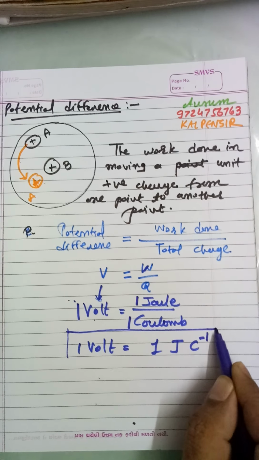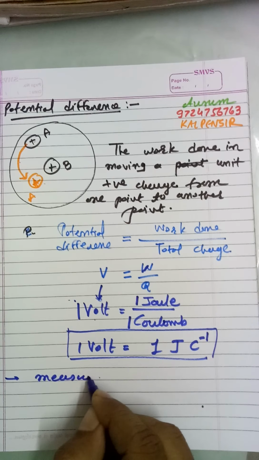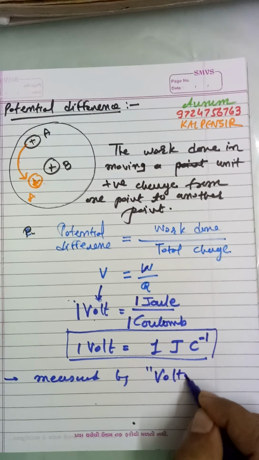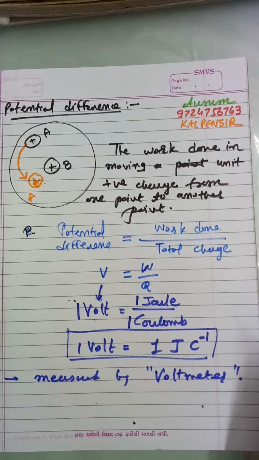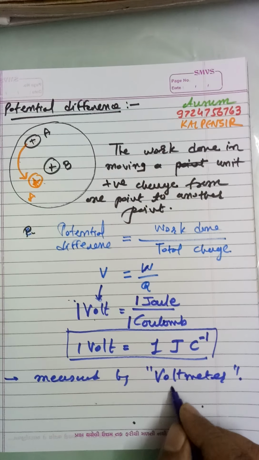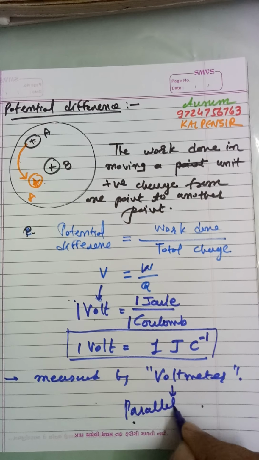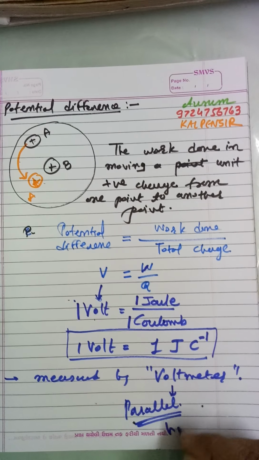Potential difference is always measured by a voltmeter. A voltmeter is an instrument used to measure the potential difference in electric circuits. It is always connected in parallel across the points between which the potential difference is to be measured. It has high resistance.